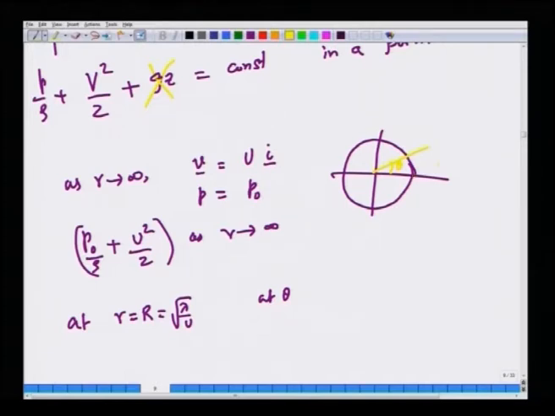At theta equals pi by 2, v theta is minus 2 u, and at theta equals minus pi by 2, that is if you go like this, v theta is 2 u.